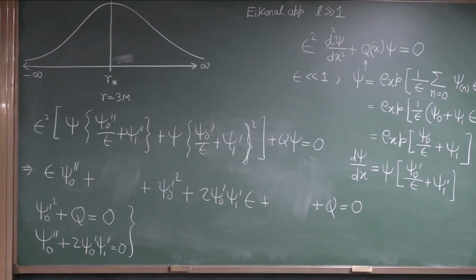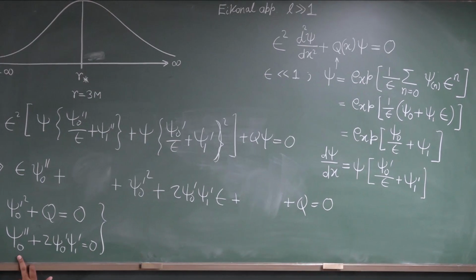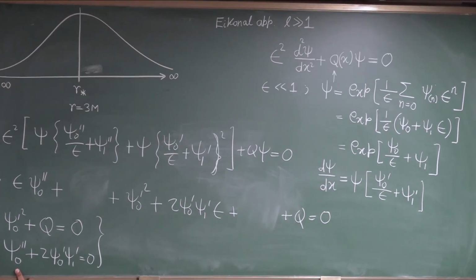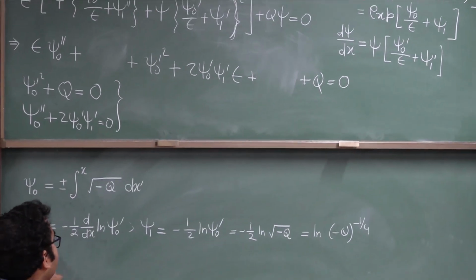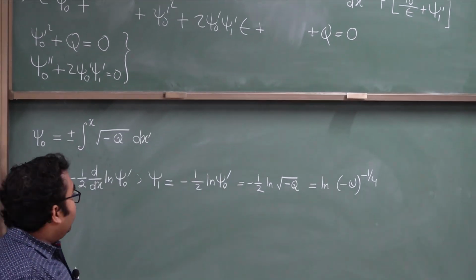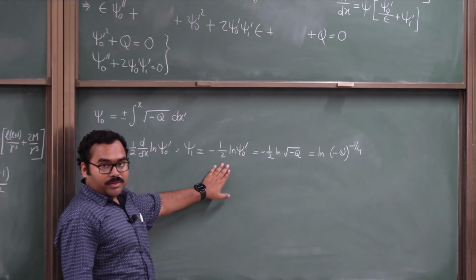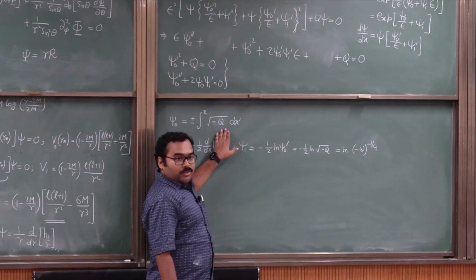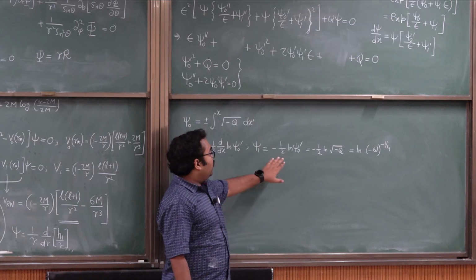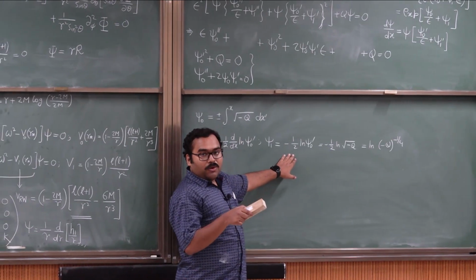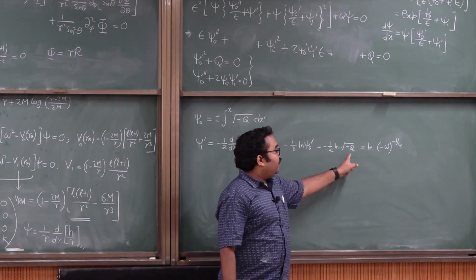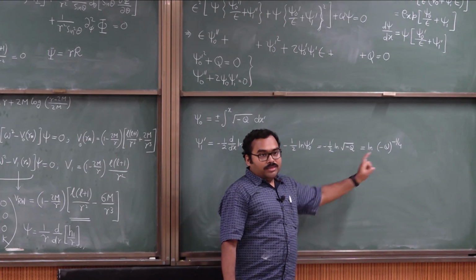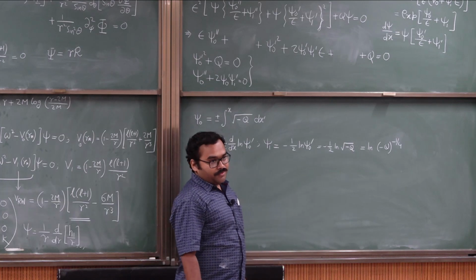For the second one, you take psi naught prime below. So that is a log of psi naught prime. And this equation I can easily integrate to get psi 1 to be minus half log of psi naught prime. Psi naught prime I know, which is square root of minus q, then there is a minus half. So a log x is log of x to the power a. So you take minus half as power of this, which gives you minus q to the minus 1/4.